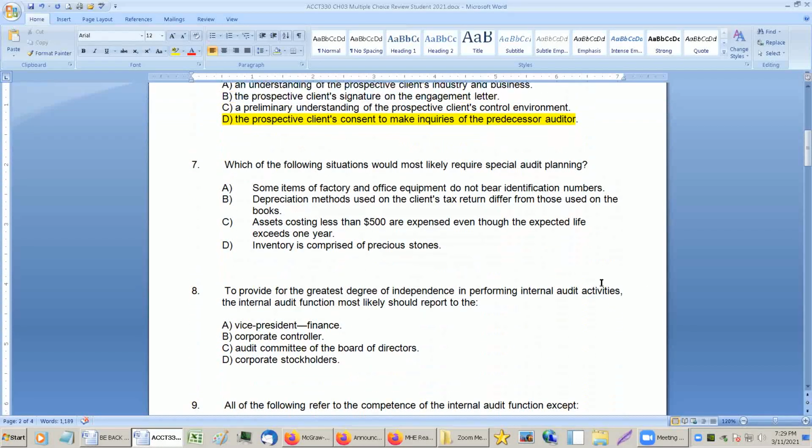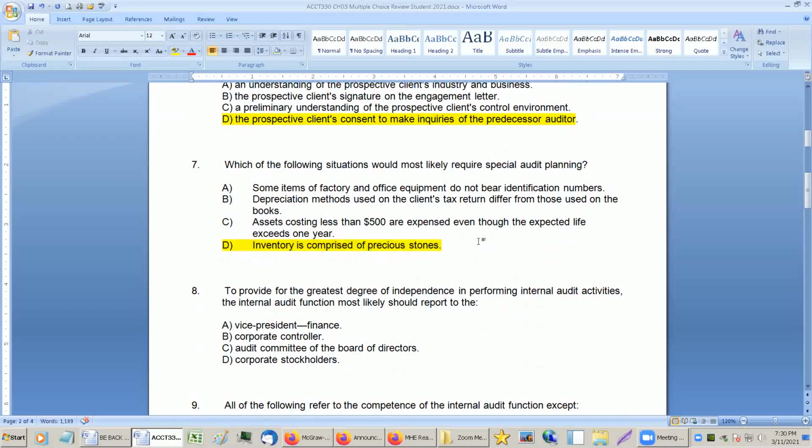Which of the following situations? Inventory. This is one of the funny things that always comes up. This is for when you bring in a specialist.